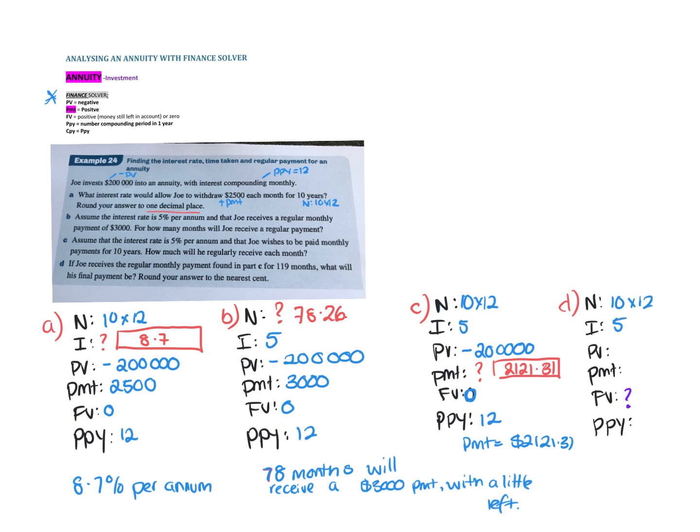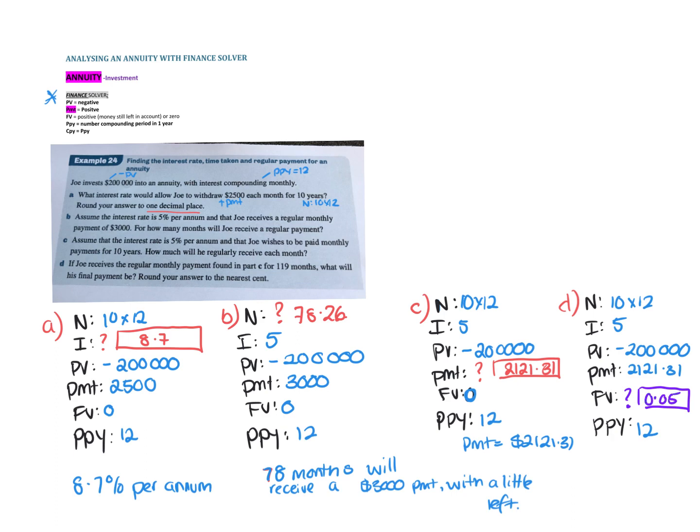We're still saying 5%. We're still investing 200,000, but they want me to put in this payment that I found. So I'm doing that, because we've rounded, we're going to get something a little bit either owing or extra. So when we do that, we end up with 0.05.